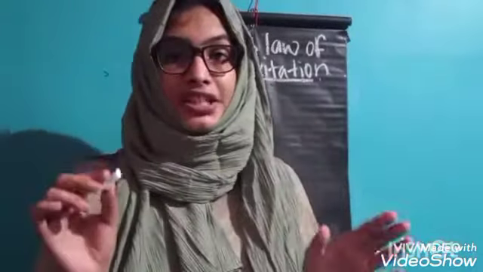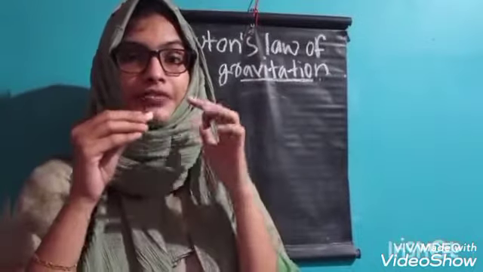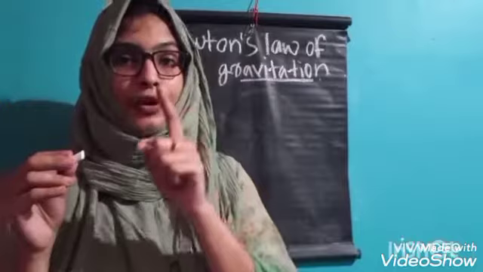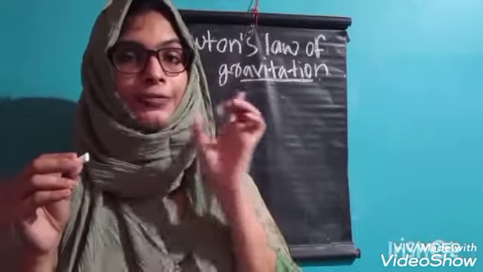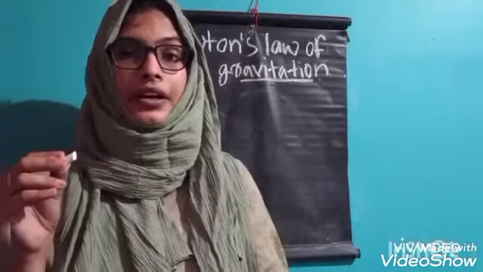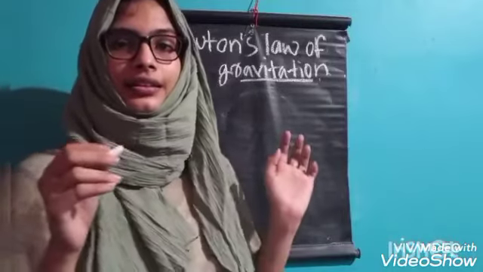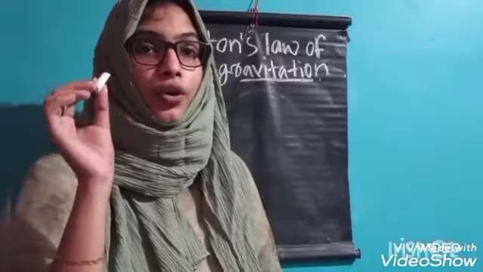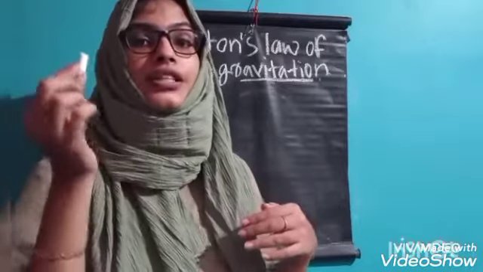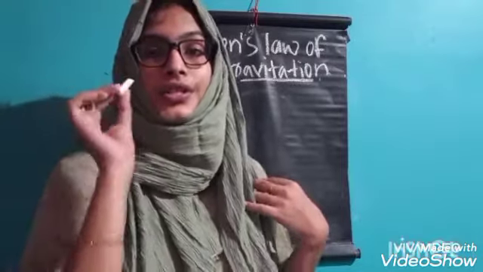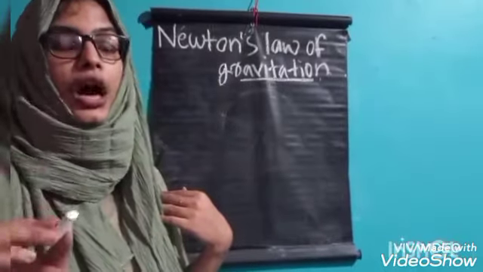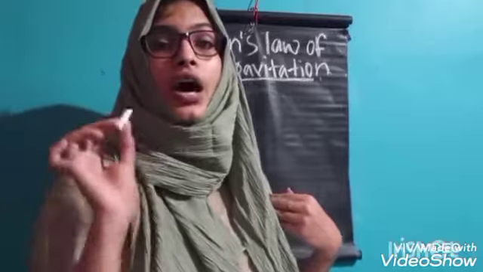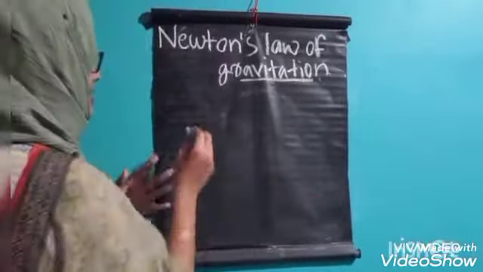The force of attraction between the chalk and the earth is greater than the force of gravitation between the paper and the earth. Why does this happen? Because the chalk has greater mass. So the force of gravitation depends upon the mass of objects.